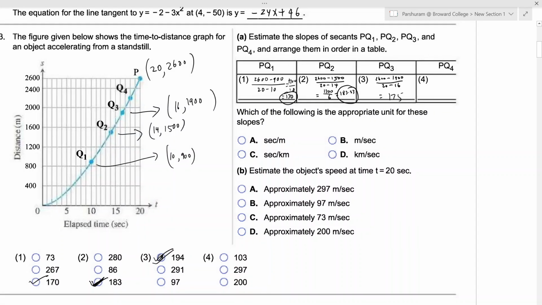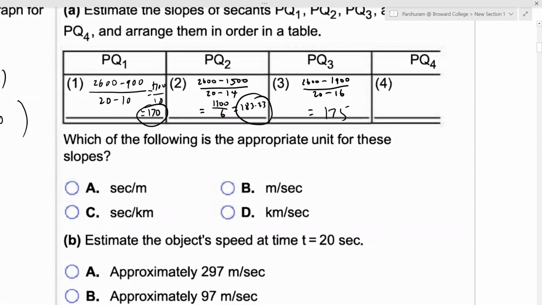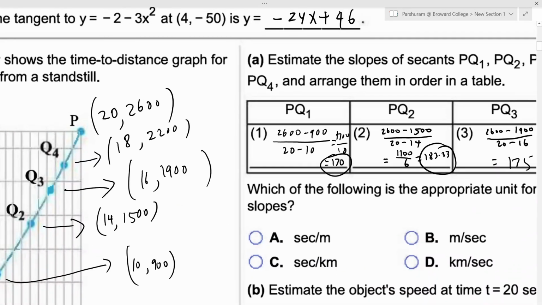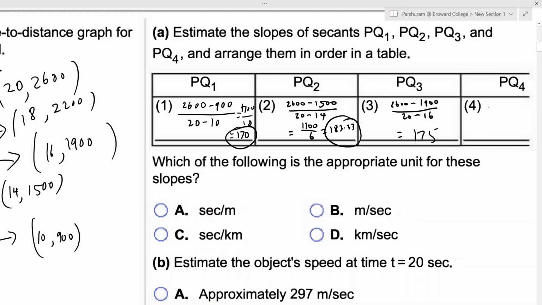Okay, and by doing the very same thing for the Q4, which is actually 18 comma, it looks like in between, so 2200, so that is 2600 minus 2200 divided by 20 minus 18, which is 2.